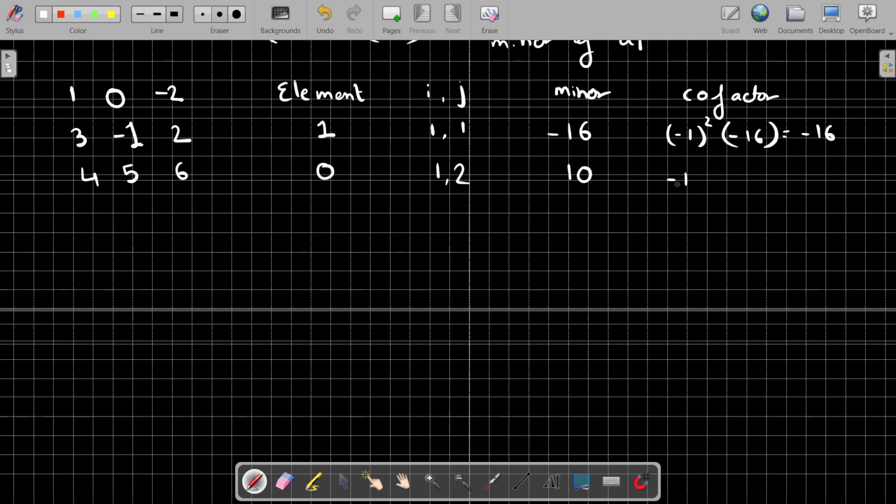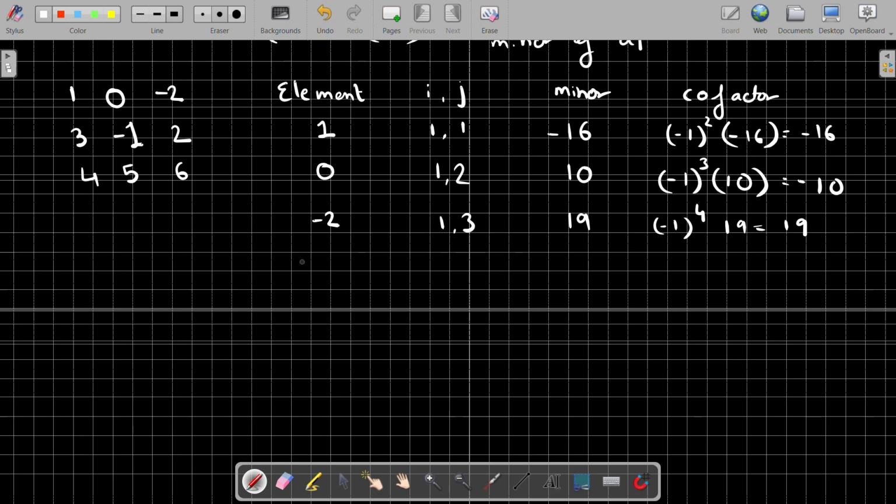Cofactor: -1 cubed, because 1 plus 2, into 10 will give us -10. Element -2, position 1 3, minor 15 minus -4, which will be 19 in our case. 19 into -1 power 4 will give us 19.